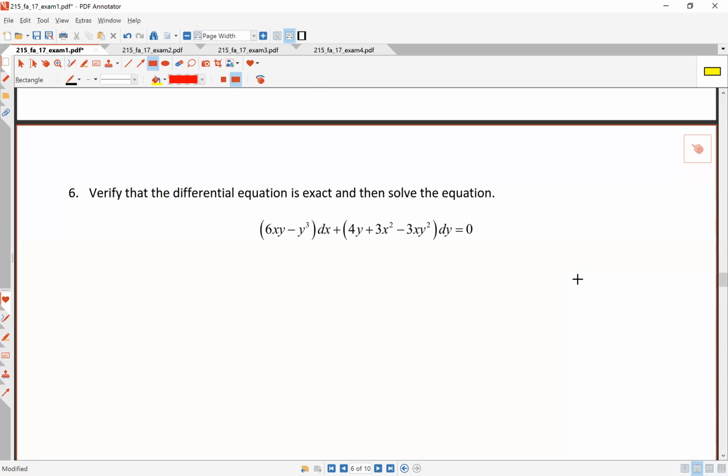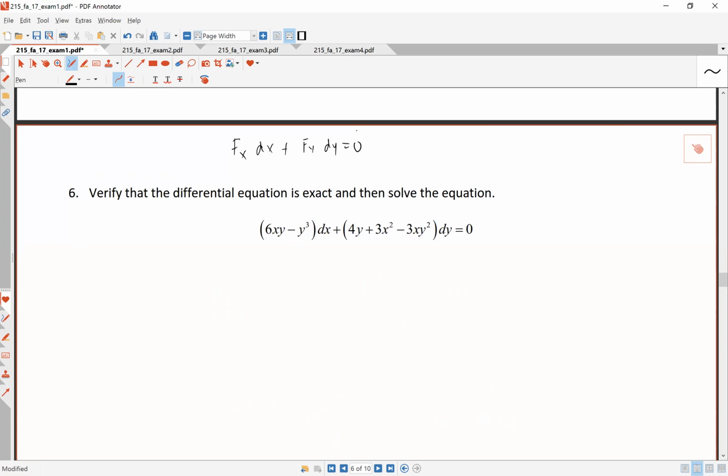Number 6, verify that the differential equation is exact and then solve the equation. So remember, our total differential takes on the form of fx dx plus fy dy equals 0.